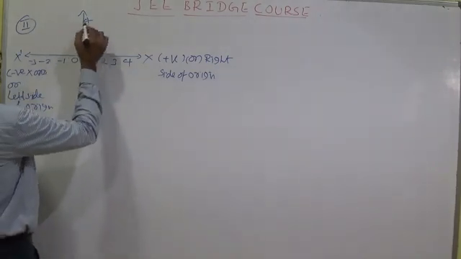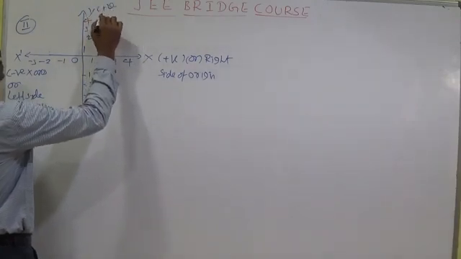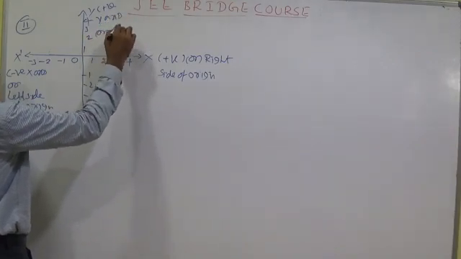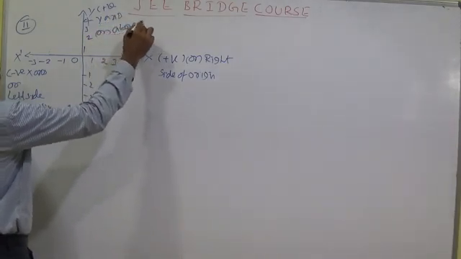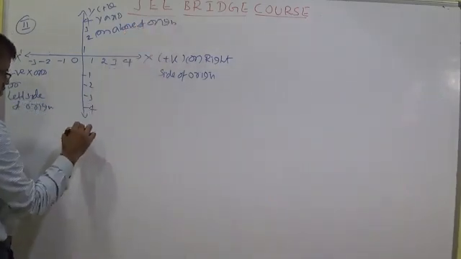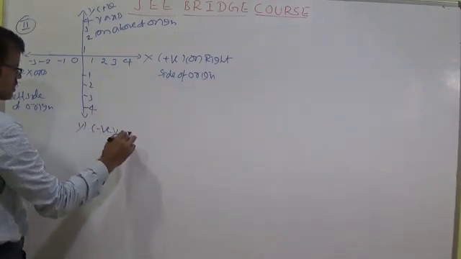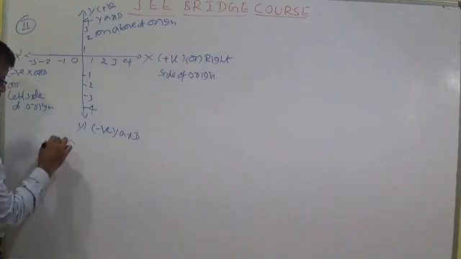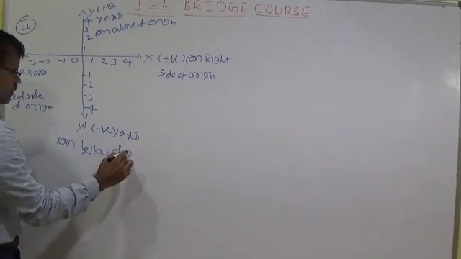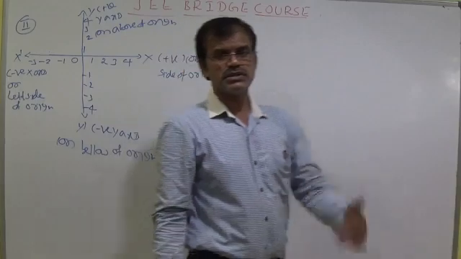This is the above y-axis, that is the positive y-axis, or above the origin. This is y dash, called the negative y-axis, or below the origin. This is the notation.